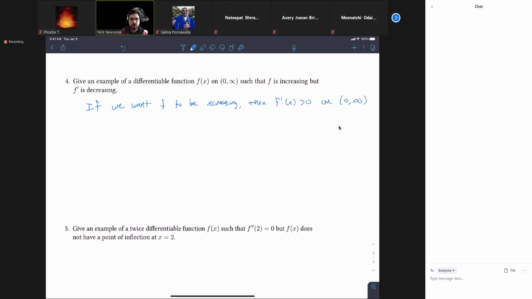We want the derivative to always be positive on this interval 0 to infinity.